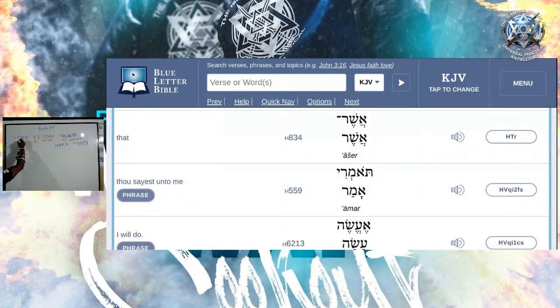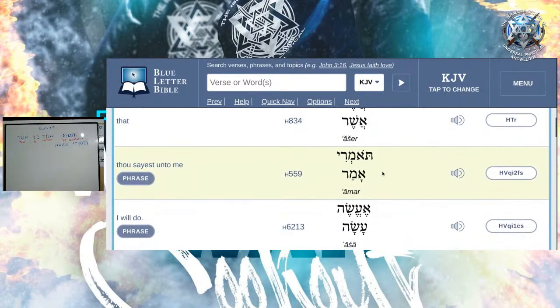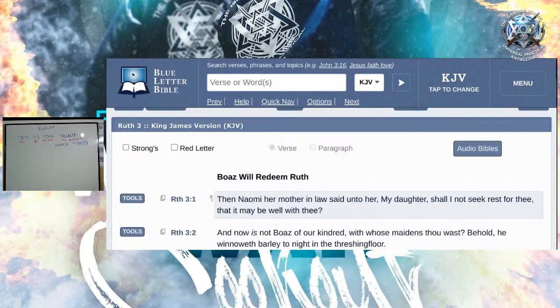Now, when you see this dash, when you see this line, and it's connecting this to this, you want to read it as one word. So when you read in the Tanakh, you want to read Ashar the Arya. Okay? That's how you want to read it. Or is it the Amarya?